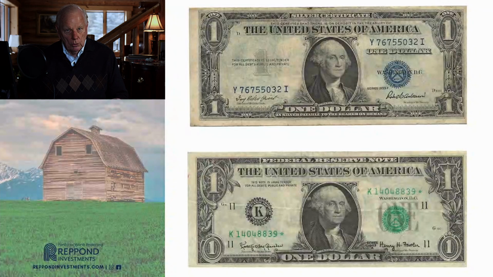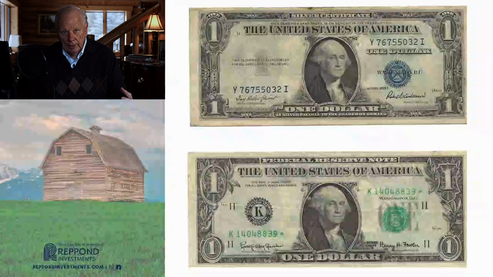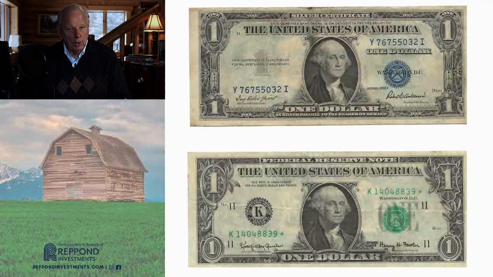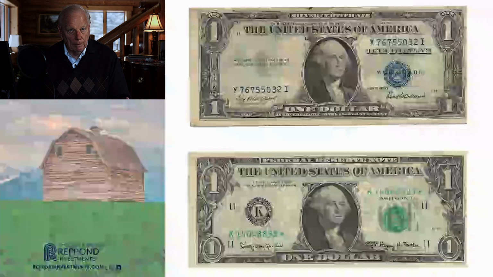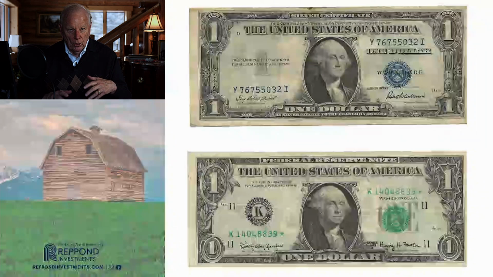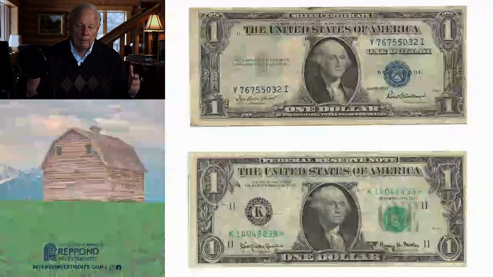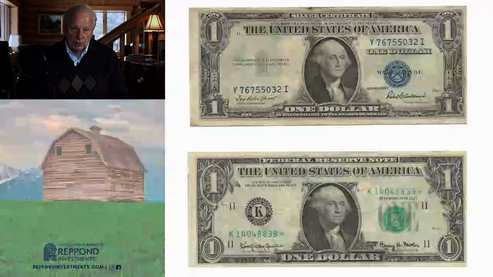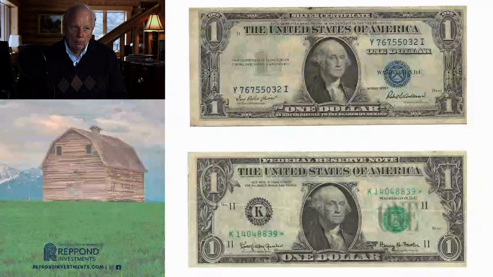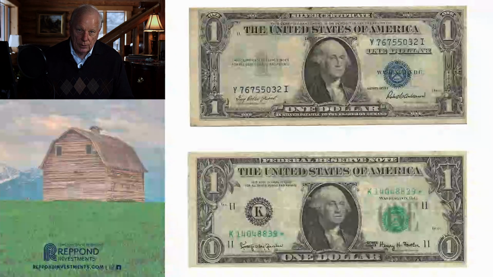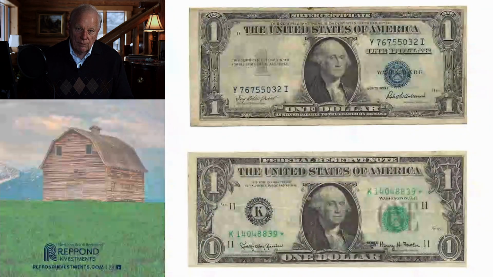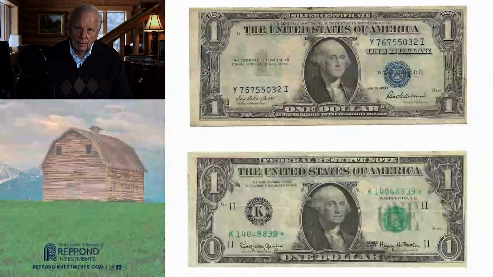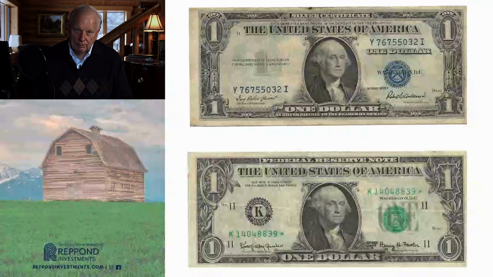After World War II, what was happening is we were buying goods from Europe, mostly. And they were accumulating more and more dollars. So they had the idea, smart of them, to bring those dollars to the U.S. and exchange them for the gold that supposedly backed them.